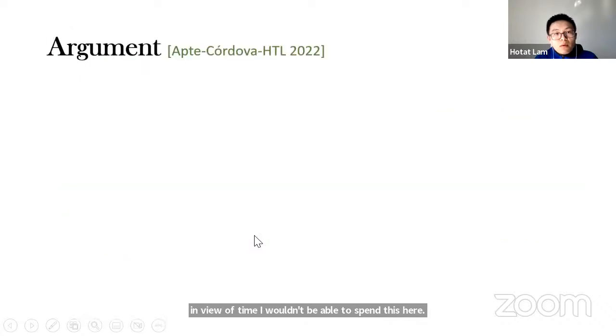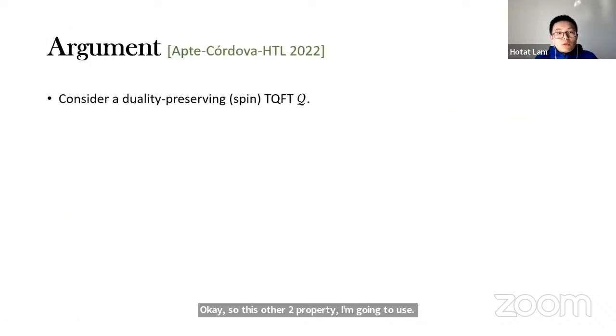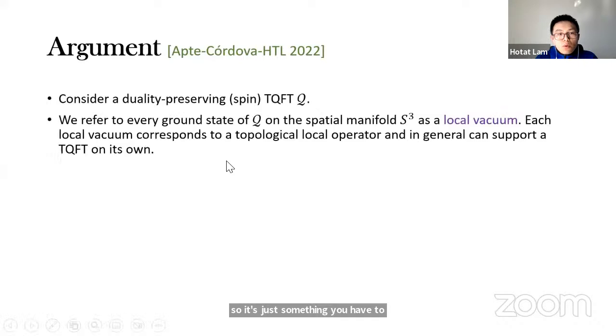Let's move on. So now let's consider duality preserving TQFTs, and I want to assume whether this is a bosonic TQFT or a spin TQFT. It's just some TQFT that I'm going to talk about. Now, let's first consider placing these theories on S3, as a spatial manifold. In general, there can be multiple ground states on S3, and we will refer to these ground states as the local vacua of these theories.